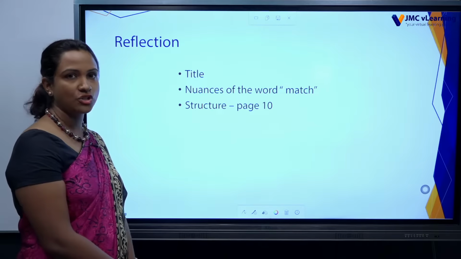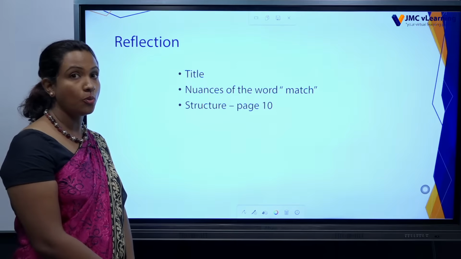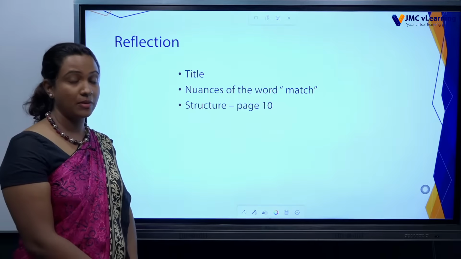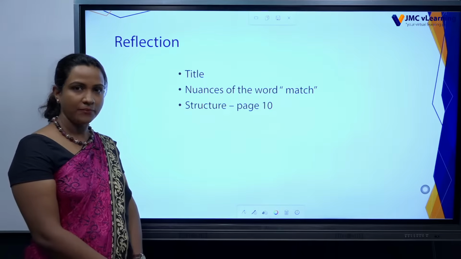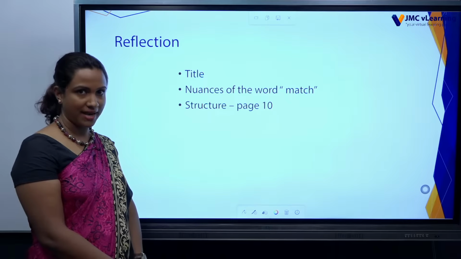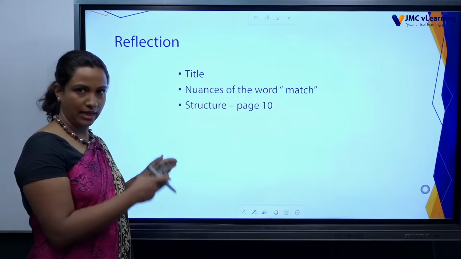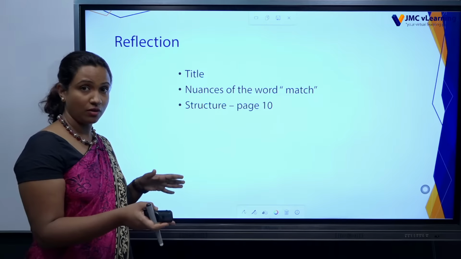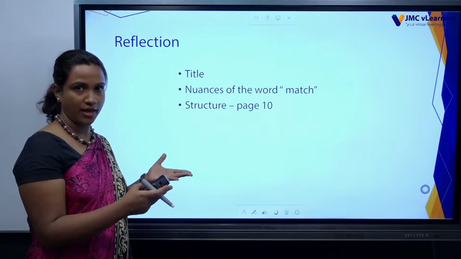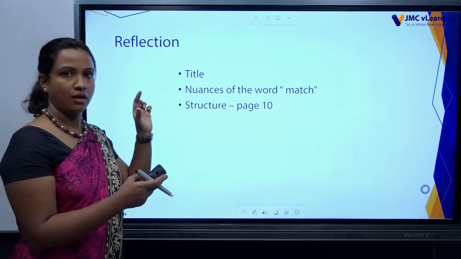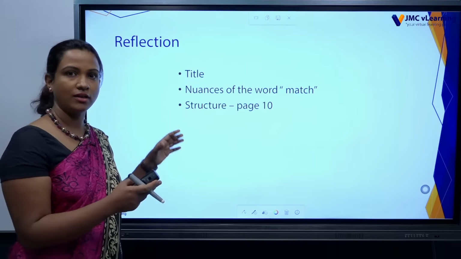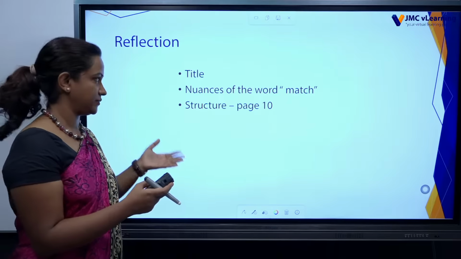The word match has two meanings. One is the big match, a game, and the other is the matchstick. The matchstick causes fire; it ignites a fire. So two groups with ravage and hatred cause a fire.